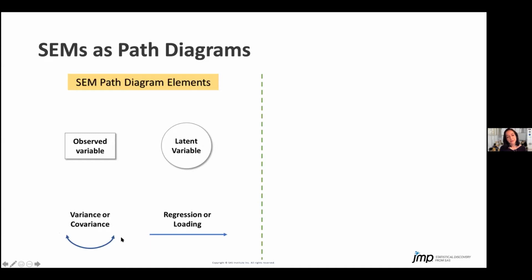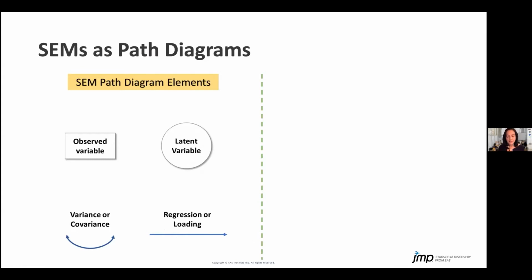And double-headed arrows are used to represent the variance or a covariance of a variable. So the way we know which is it is because if the double-headed arrow starts in one variable and ends on that same variable, then it would be a variance. But if it starts in one variable and ends in a different variable, then we know that's a covariance. Then we have regressions or loadings. And those are represented with a one-headed arrow, all right? So that pretty much sums it up.